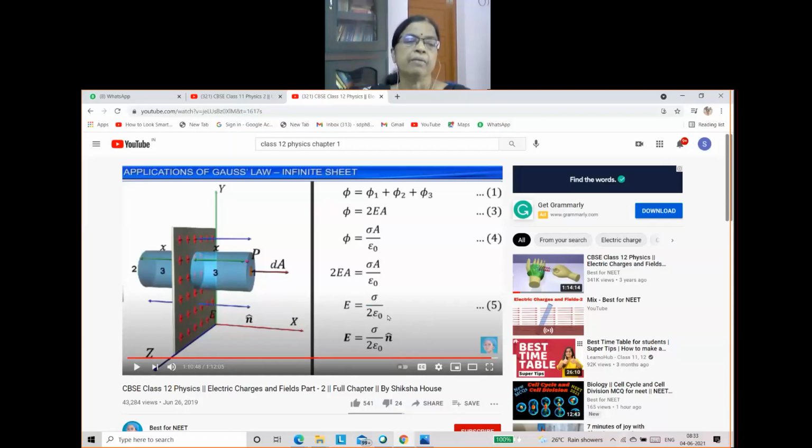Epsilon 0 is the permittivity of free space. And so it is not depending upon the distance. Whether it is at a distance of 1 meter or 2 meter, the electric field is not depending on that. It depends only on sigma and the medium where it is kept.